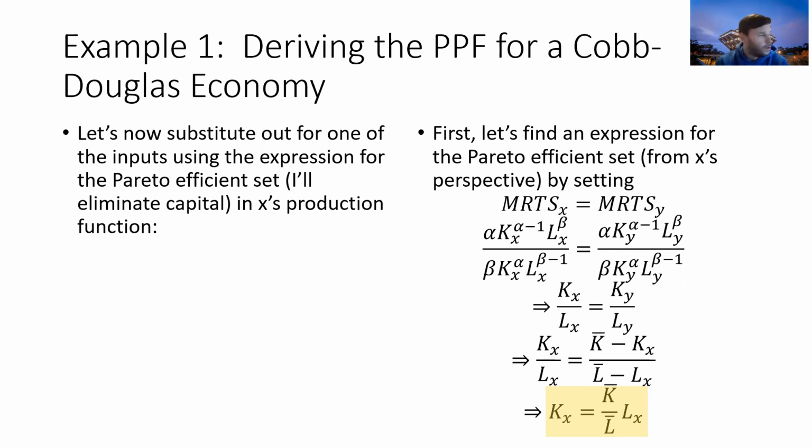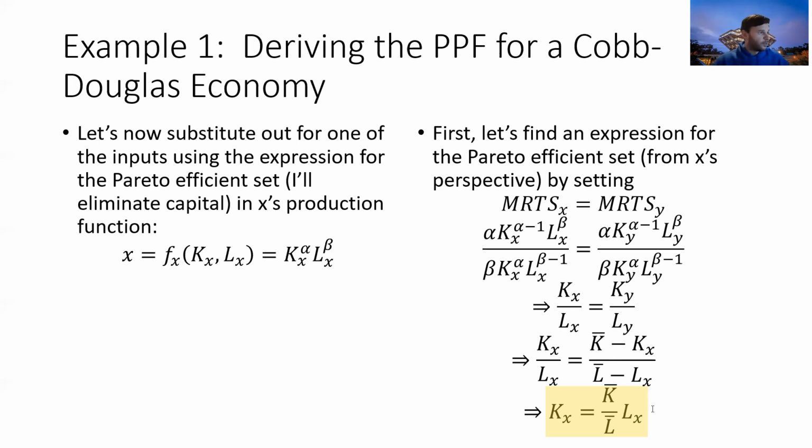Now, first thing we did here is we found the Pareto efficient set of allocations in input space. What we need to do here is rewrite this in a way where we've gotten rid of the inputs and instead we have the outputs. And the way we're going to do that is by using the production function and plugging in the Pareto efficient set.